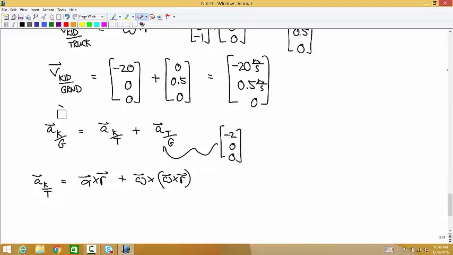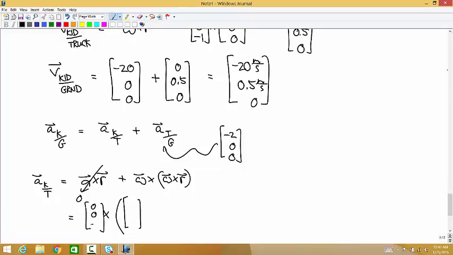We don't have any angular acceleration, so all that's left is the centripetal acceleration part. And so we get omega cross omega cross r. Whoops, that should be in the z direction.